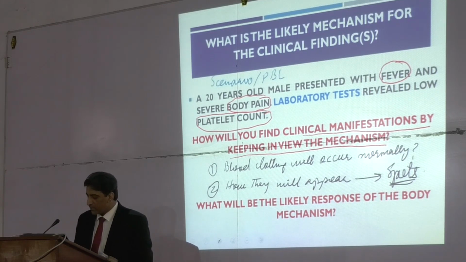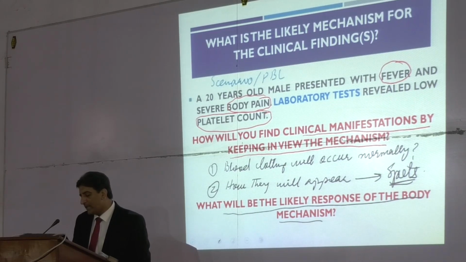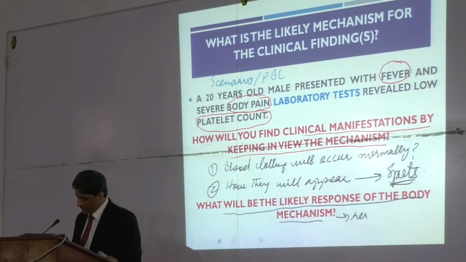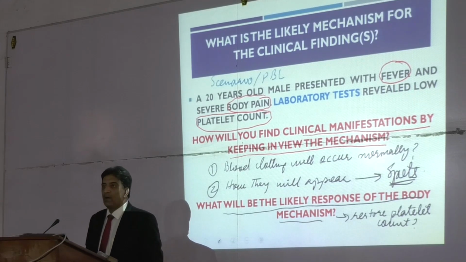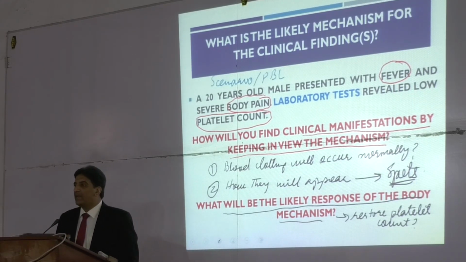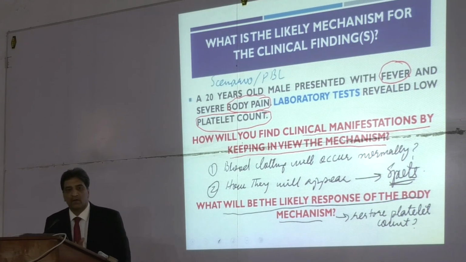What will be the likely response of the body mechanism to restore platelet count? Any idea? Where are platelets produced? They are produced in the bone marrow. And what will be the effect of low platelet count on the bone marrow function?